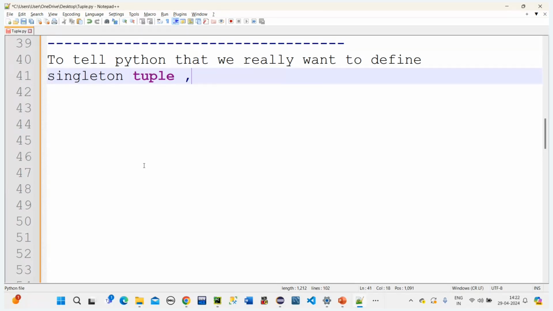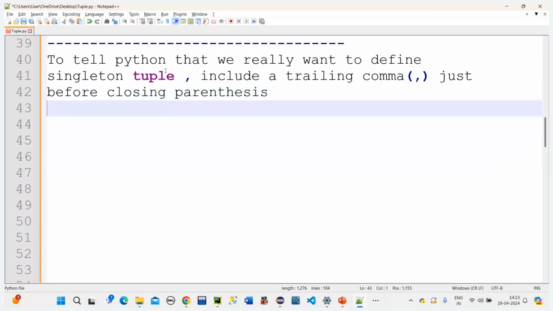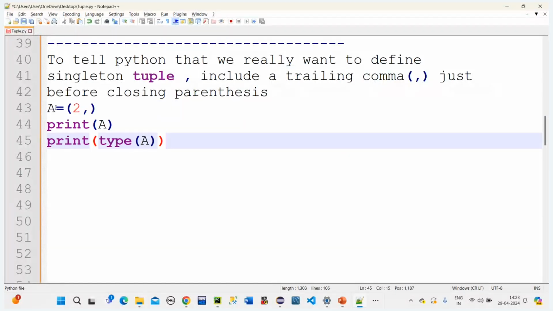So include a trailing comma before the closing parenthesis. Okay, so this is a small theory. If I wanted to make it a tuple, we are just adding a small comma, and it becomes a tuple. So now with the help of the comma, it became a tuple.